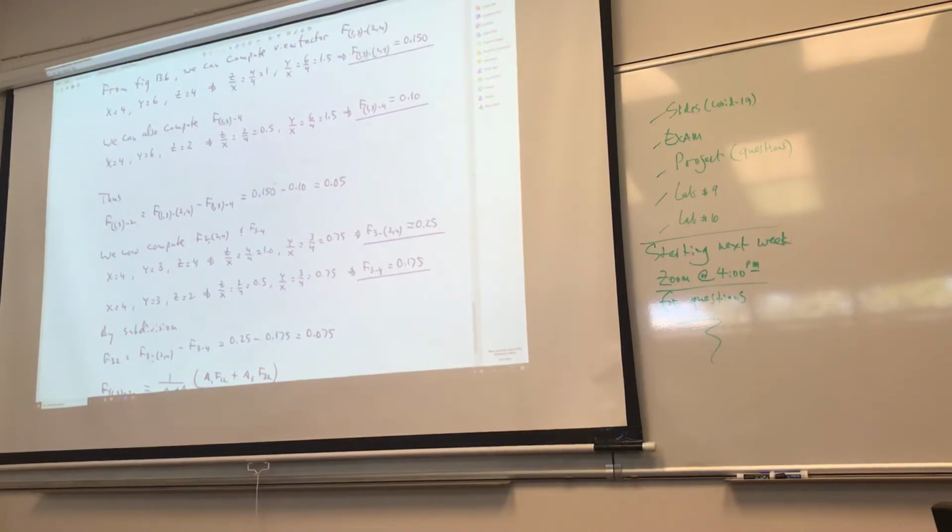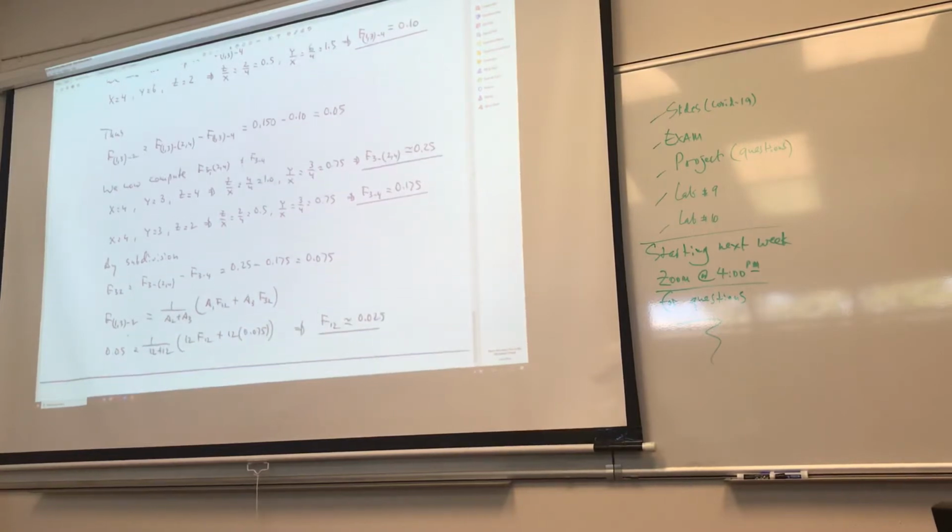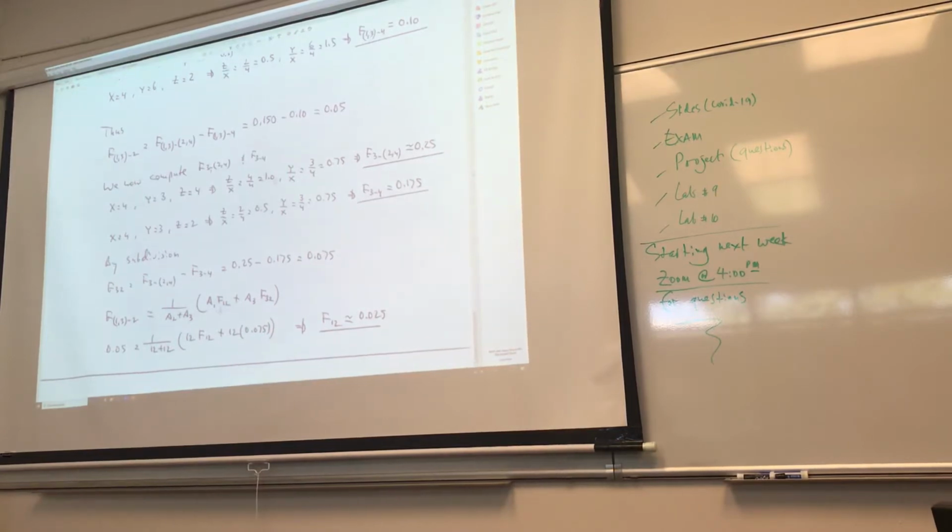That means F3 to 2 and 4 is F3 to 2 plus F3 to 4. Using that equation, you can find what F3 to 2 is, which is the difference between the two, which happens to be 0.075. Now, at the end, to find F1 to 2, using the reciprocity rule, should give me immediately from this equation what F12 is going to be, which happens to be roughly about 0.425.